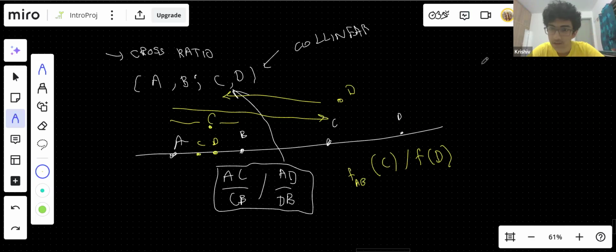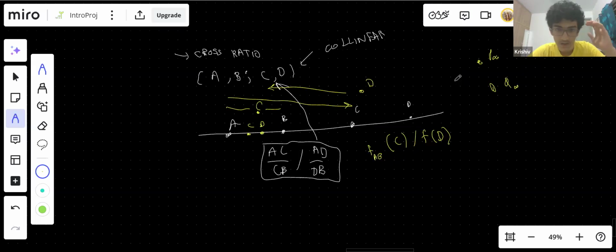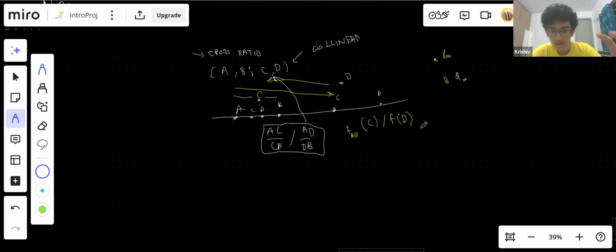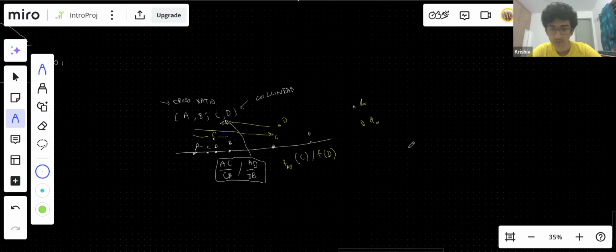I'll call the line at infinity the line through all of the points at infinity, like P infinity, Q infinity, and so on. How do I define the ratio of points for points at infinity? I don't expect anyone to have an answer right now because we haven't defined it, but we will define it soon.